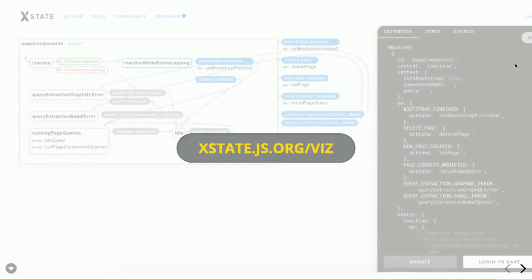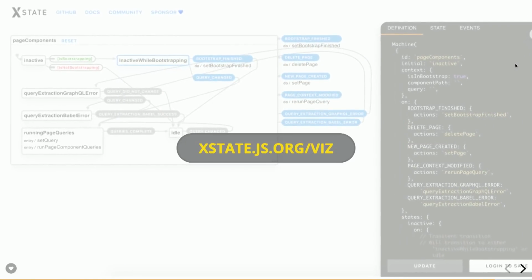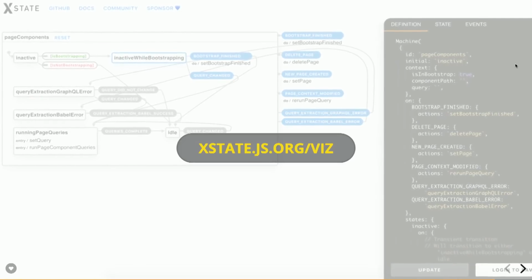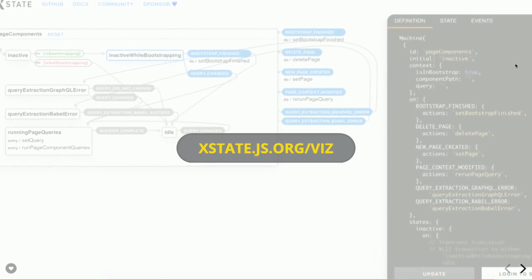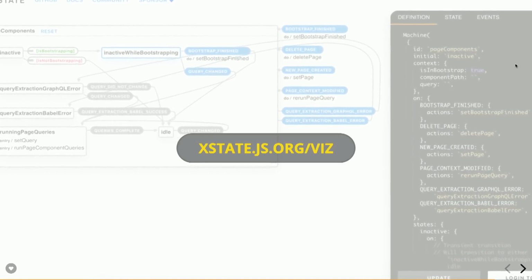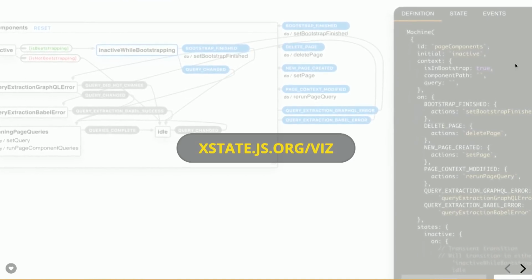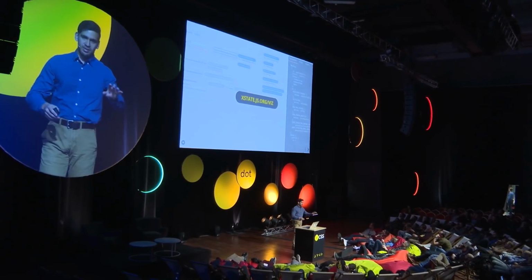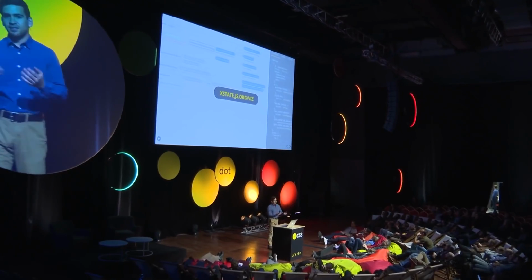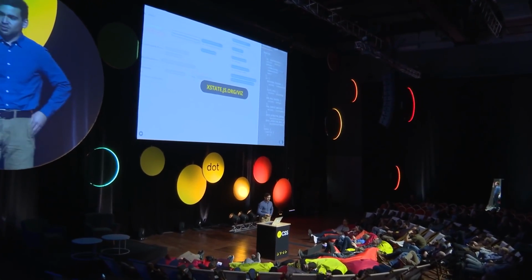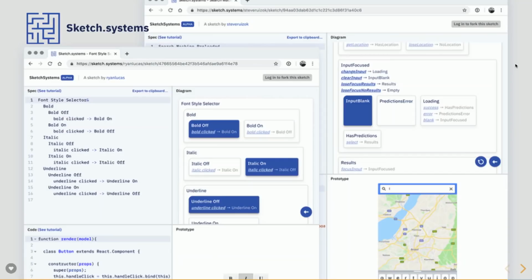So with XState, you could also visualize your state machines, just like I talked about, by copying and pasting your machine code right into the visualizer, and it shows you in a very dynamic way what happens when you're in a certain state, and a certain event happens, and then what the next state is going to be. And there's other tools like this in the wild, such as sketch.systems, which is a really, really cool tool.